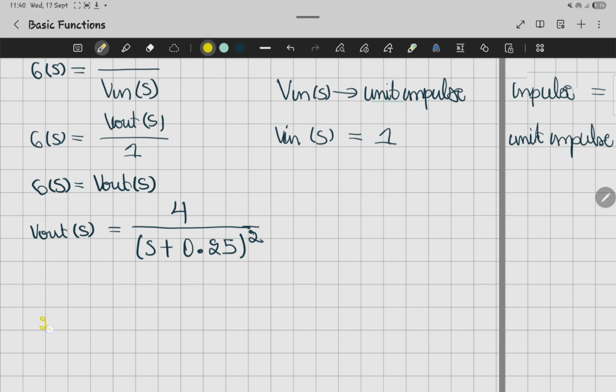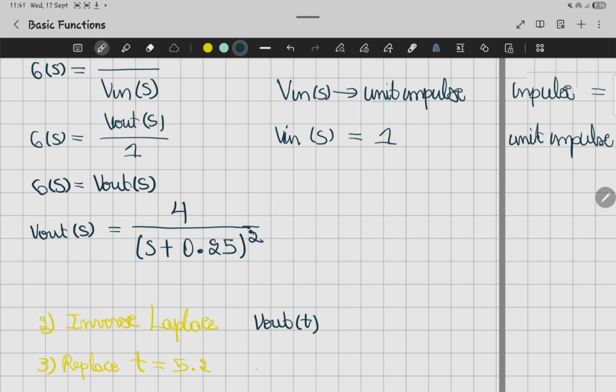Like I mentioned, you need to find the inverse Laplace, and then step 3 is to replace t, where t is equal to 5.2, and then this is where you're going to get V out of t.